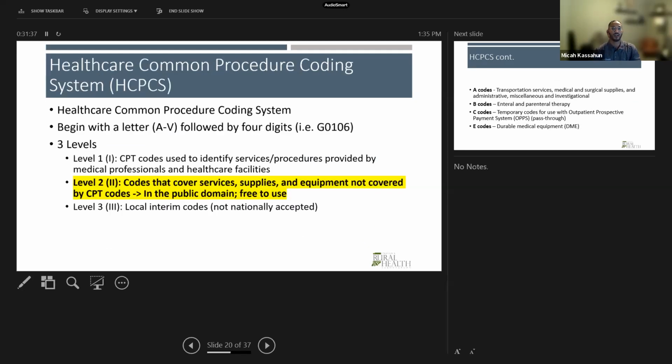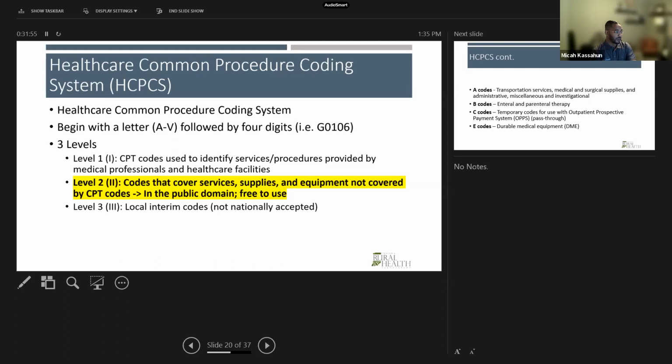All right, now moving on to HCPCS, Healthcare Common Procedure Coding System. These codes begin with a letter, and this is letter A through V, followed by 4 digits. So there's an example right there. There's 3 levels.